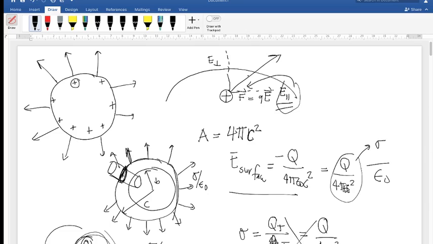That is why our electric field must be perpendicular, with no tangential or parallel component, so that our charge resides entirely on the surface and we have electrostatic conditions. Okay, so that's it.